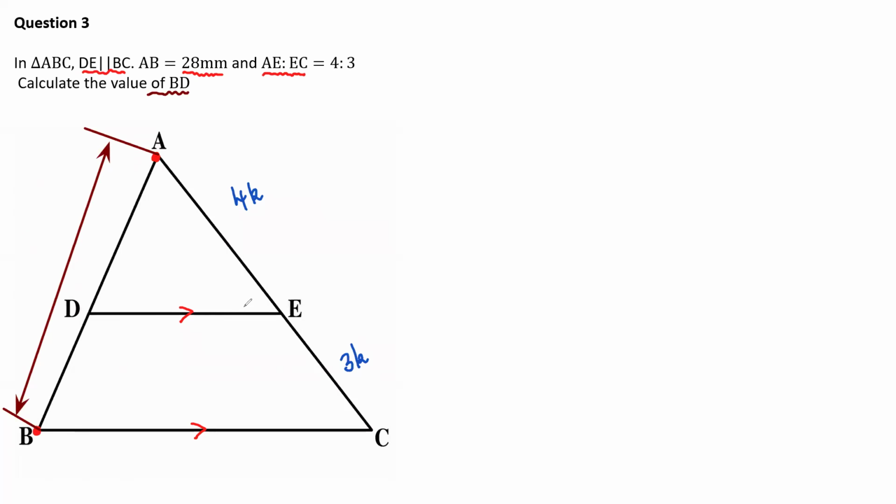So I'm looking for BD. I would be correct to say BD, what I'm looking for, over AB. Follow me? I'm using what I know to find what I don't know. BD over AB. How would I put it this side? You tell me.